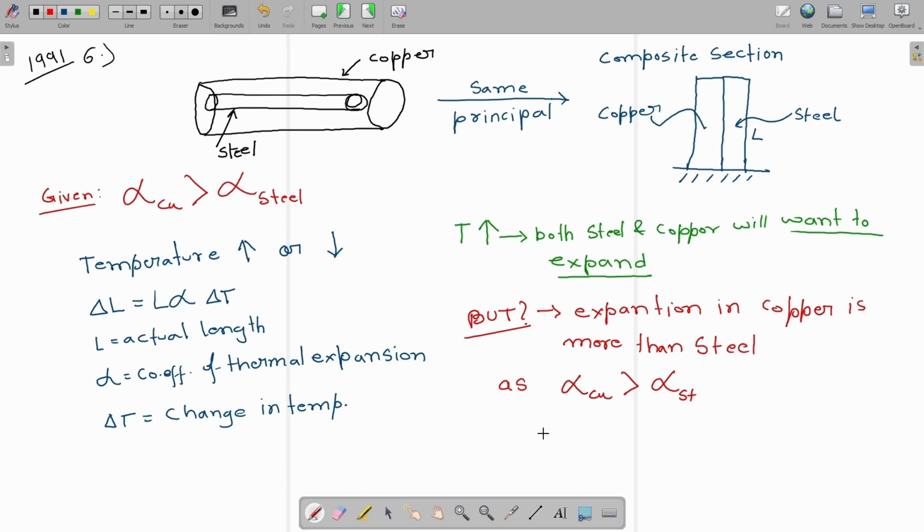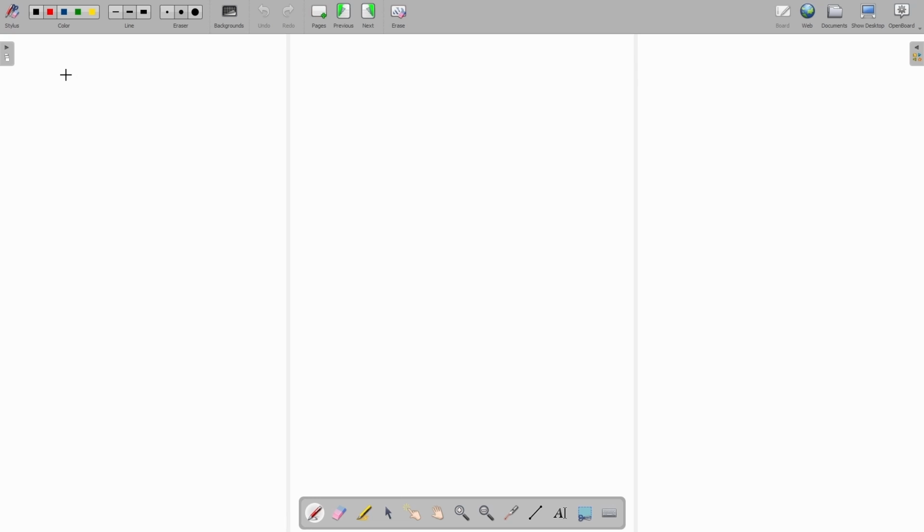Okay, therefore change in length of copper is greater than change in length of steel. What is happening here is that copper, though wanting to expand, cannot, due to steel pulling the copper backward. The copper is being pulled by the steel backward.